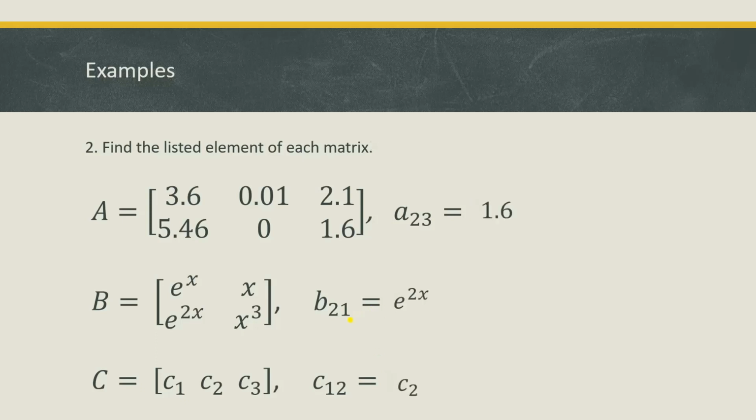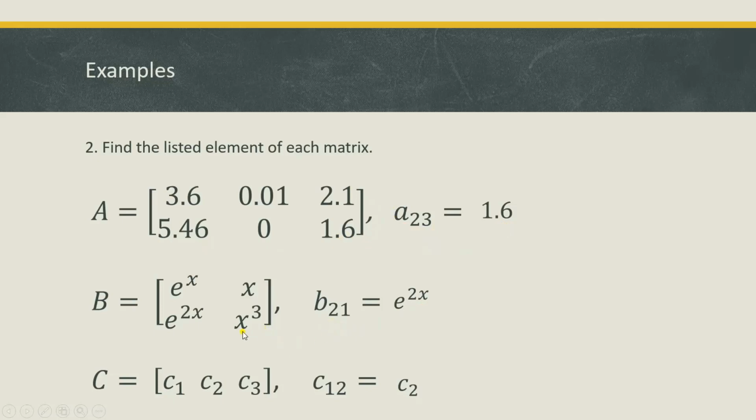Well, we have element A23 in matrix A is 1.6. Recall from a couple slides ago, we had the indexes represent row and then column. So this is the element in matrix A in the second row in the third column. So we come to the second row, we go to the third column, it's 1.6. So A23 is 1.6. In matrix B, we're looking for the element in the second row in the first column.